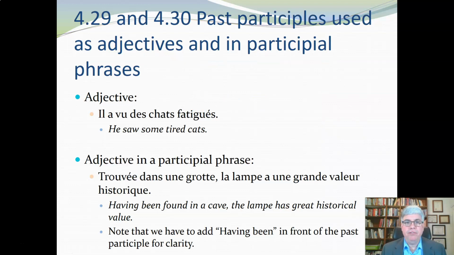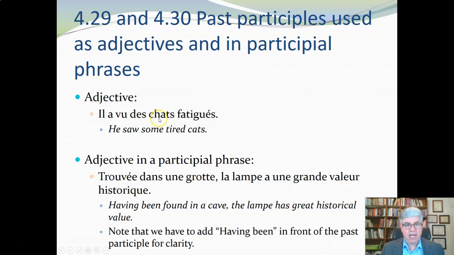And now we're going to look at past participles used as adjectives and in participial phrases. So as an adjective, let's look at the sentence: Il a vu des chats fatigués. So il a vu, vu is the past participle of voir, to see. So he literally says he has seen, but we would say he saw des chats fatigués.